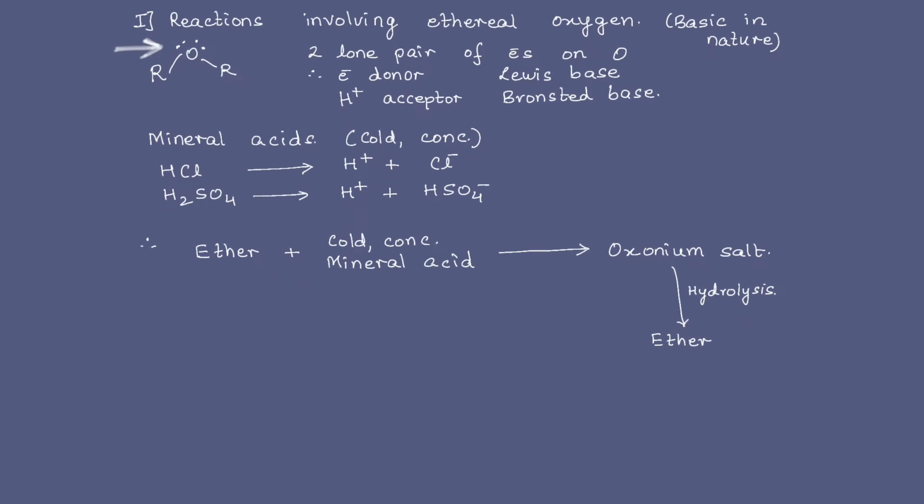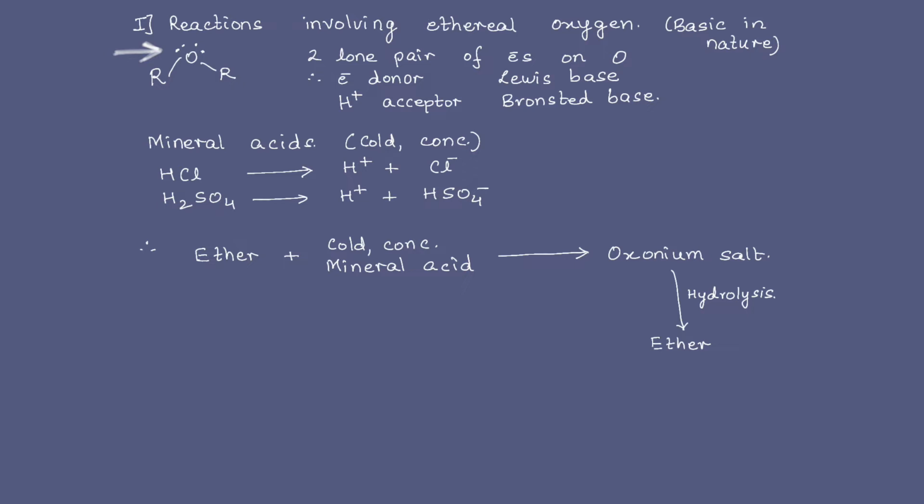Now let us try and break down what this oxonium salt is. C2H5-O-C2H5, that is our ethoxyethane, lone pair of electrons on the oxygen, the proton coming from the acid, and we have C2H5-O, a lone pair of electrons being shared with the hydrogen from the acid, and we will have C2H5.